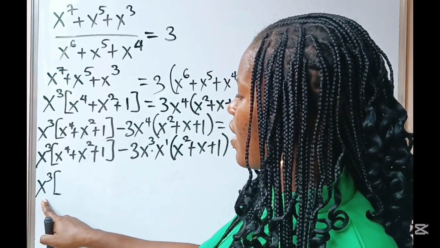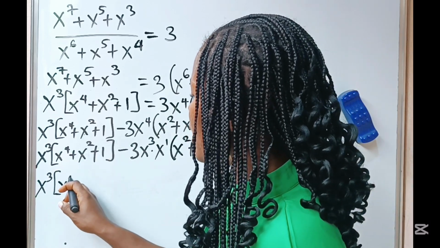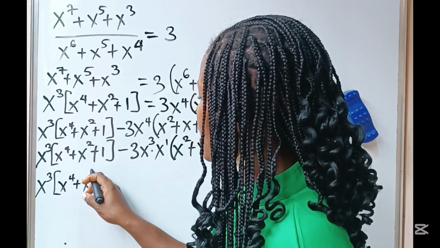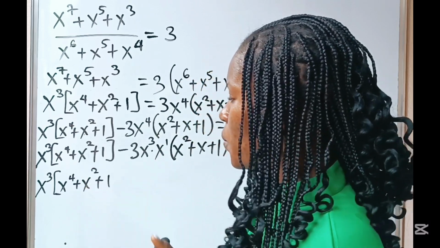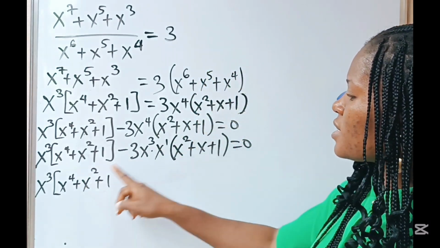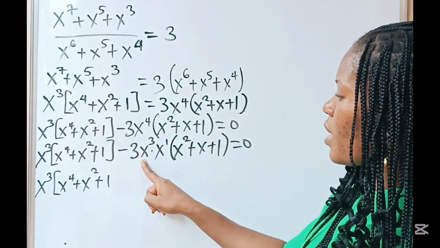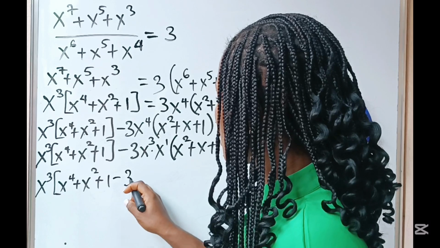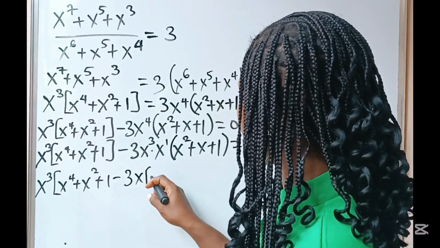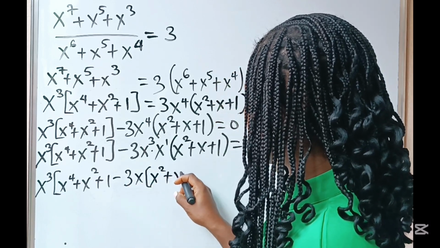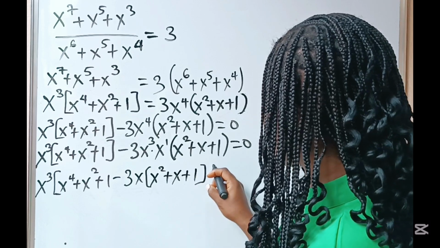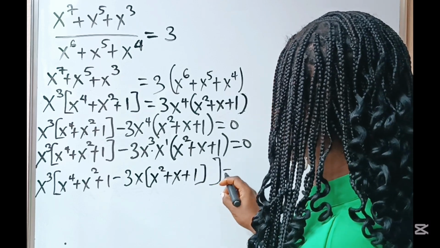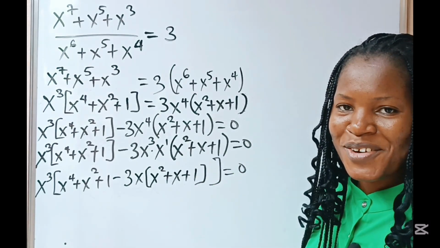When the whole of this is divided by this, x to the power of 4 plus x to the power of 2 plus 1 will remain. Now when the whole of this is divided by this, it will cancel, and we are left with 3x and the bracket. So we have minus 3x, open brackets, x squared plus x plus 1, and the whole of this is equal to 0.